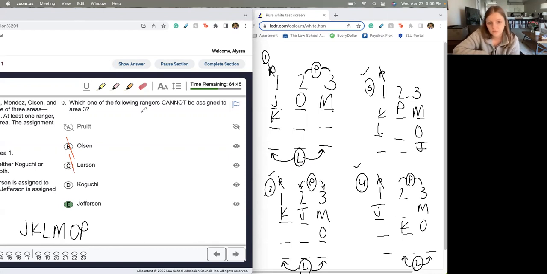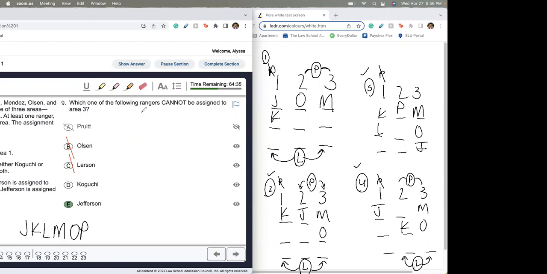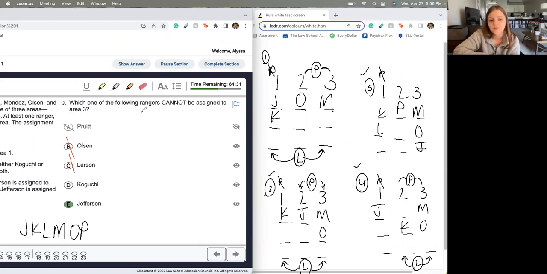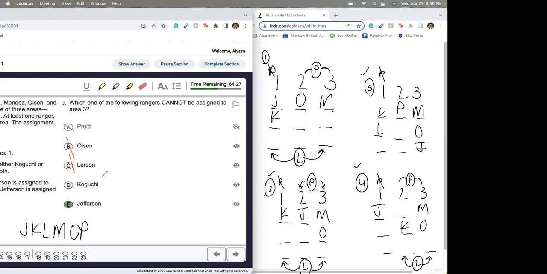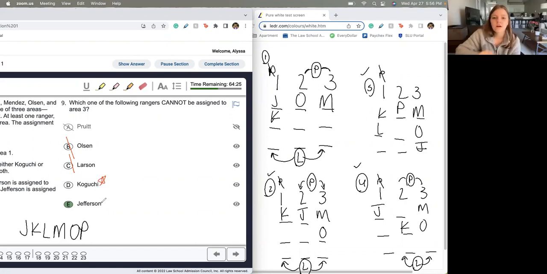Do we see a world where I can put K in 3? I don't see one. Do I? What'd you say? I said how I keep getting this wrong. Okay, so then why is E wrong?